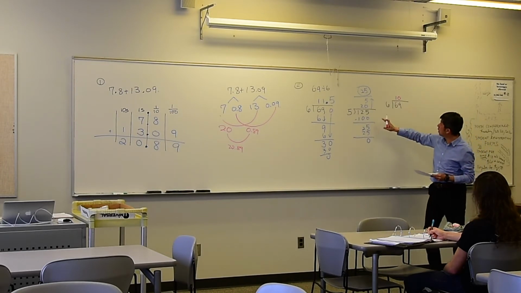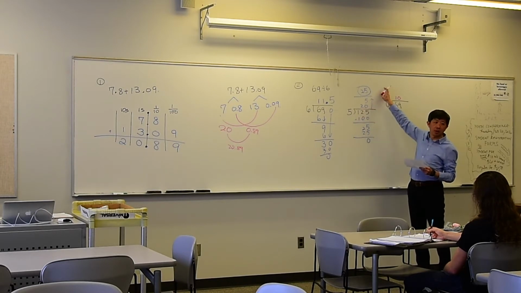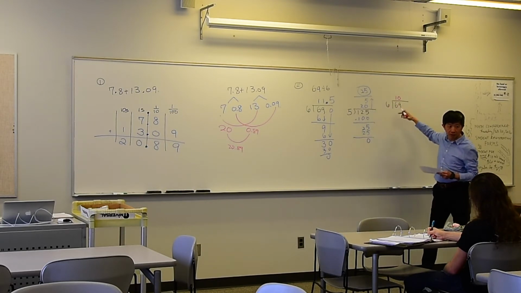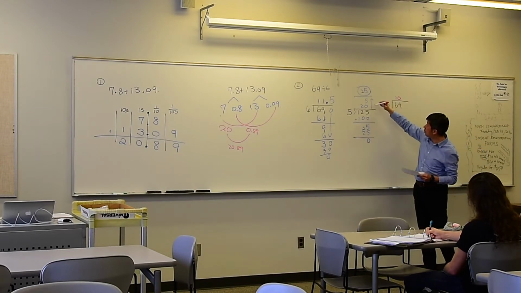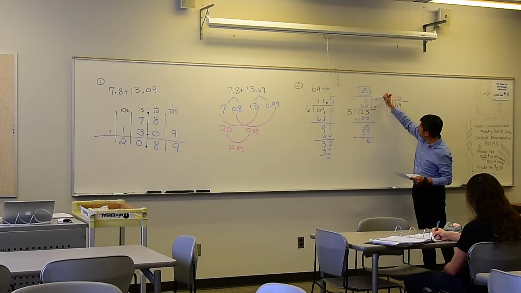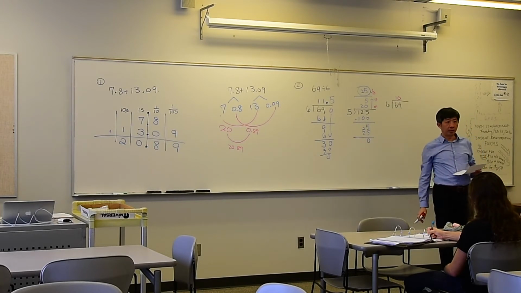Because you start with the tens, and then the ones, and then the tenths. You start with this order instead of 11. Okay? This is the scaffold method. You start with the tens, and then ones, and then tenths, and so on, right?